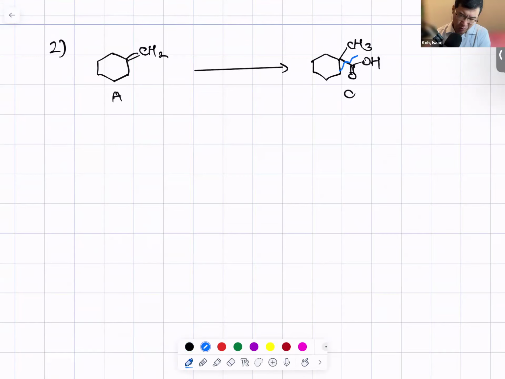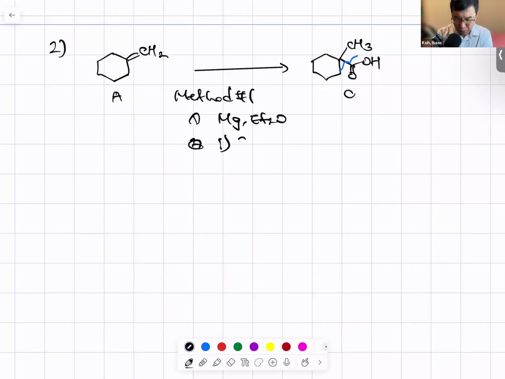Again we can think about method 1 and method 2, and one of them will not work. Let me explain. Method 1 is the Grignard reaction followed by CO2, dry ice, and acidic workup.